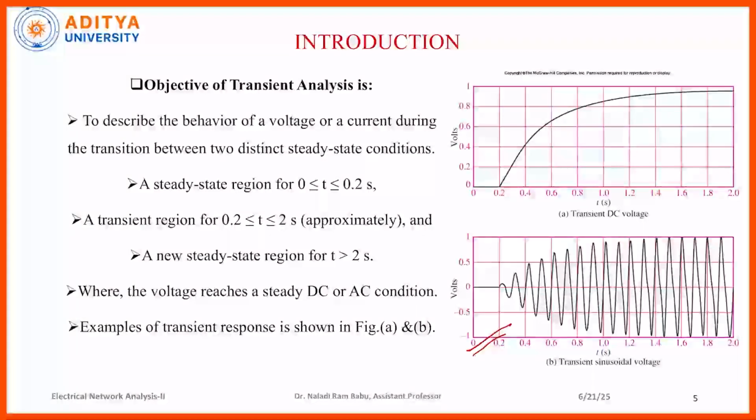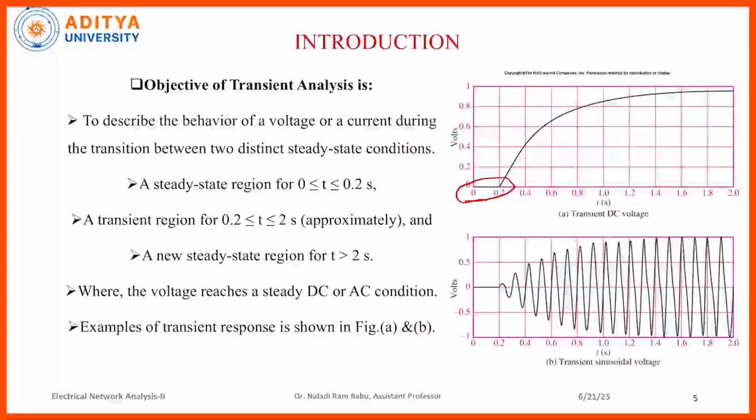So, now we are going to study the transients in DC networks. This unit completely deals with transients in DC, and the upcoming unit deals with transient responses in AC circuits.